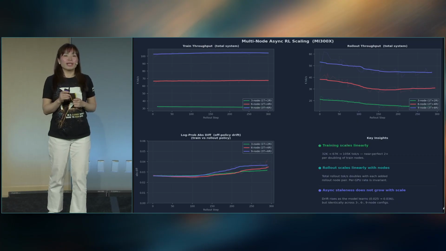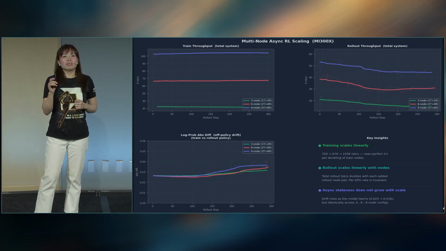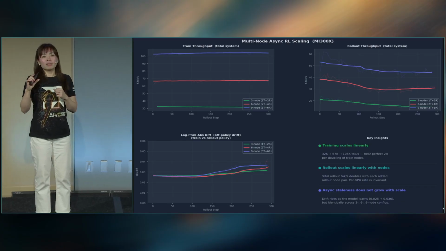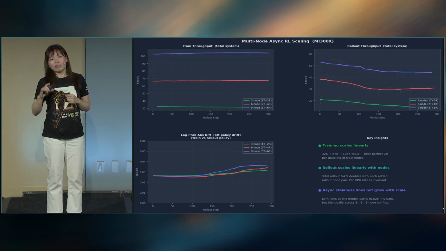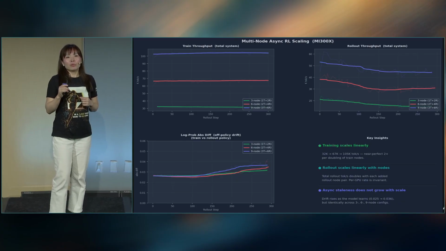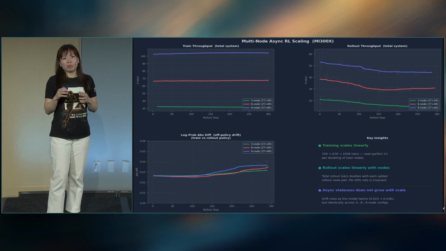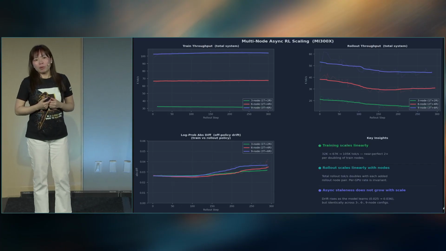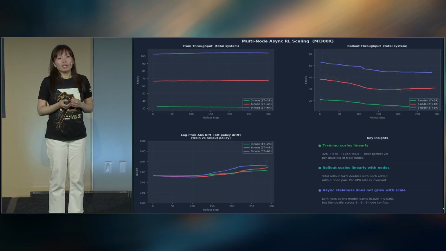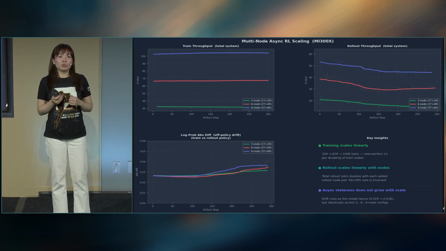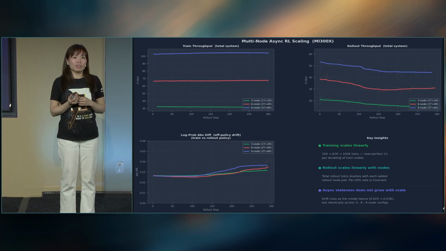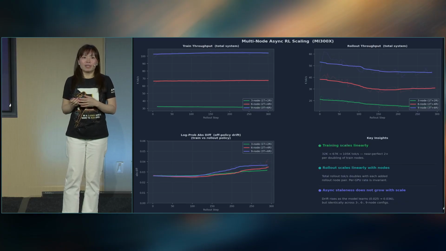But importantly, even though the drift is small, it's consistent among all the different nodes, which means our scaling is stable. So from this experiment, our conclusion is we are able to achieve linear scaling of both rollout and training, and we are also able to maintain numerical stability.